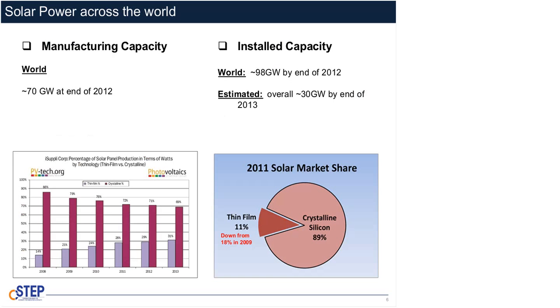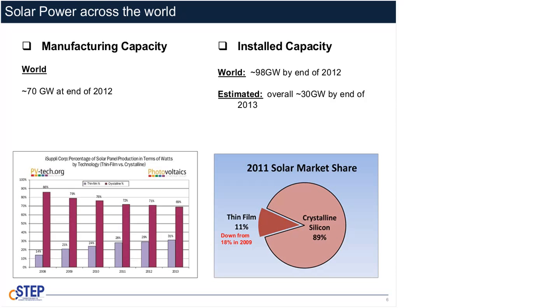And from 2008 to 2012, the production capacity for thin films has increased. On the right-hand side, the current installed capacity for the world is around 98 gigawatt. And as per GTM Research, in 2013 overall installations will be around 30 gigawatt.